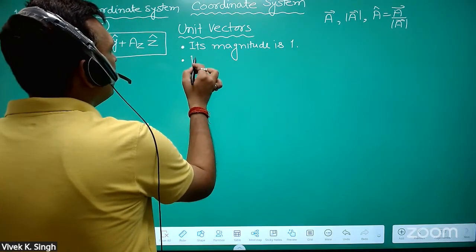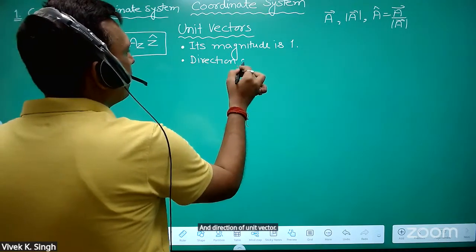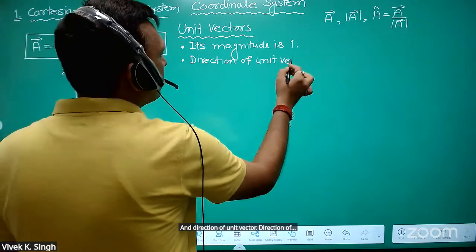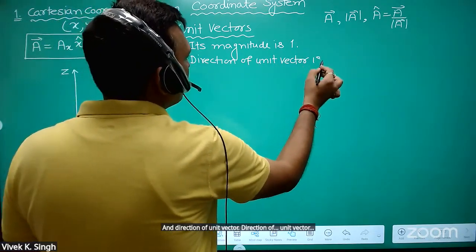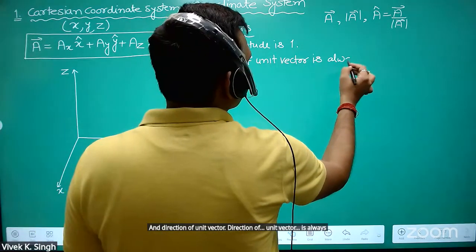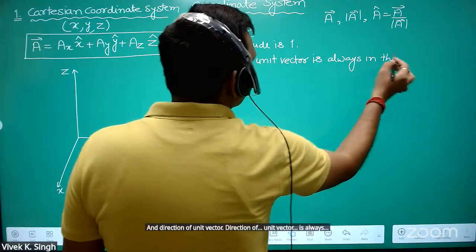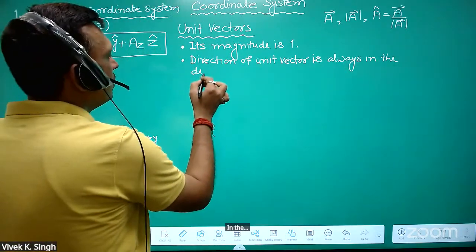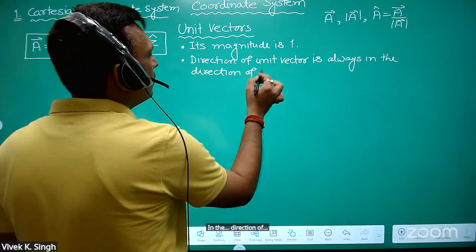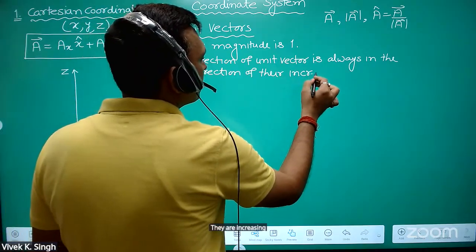And the direction of a unit vector is always in the direction of their increasing coordinates.